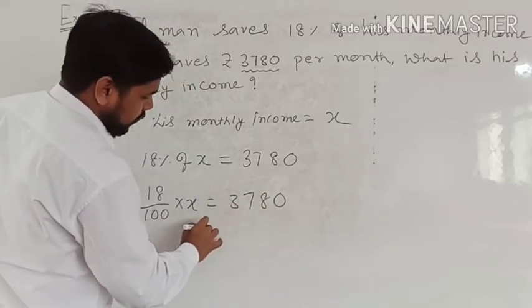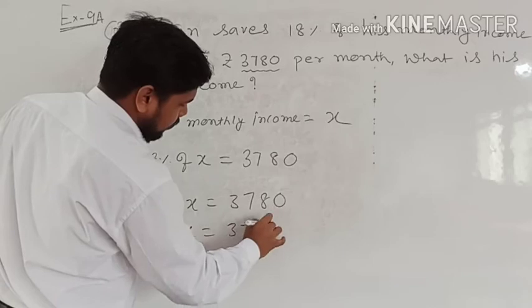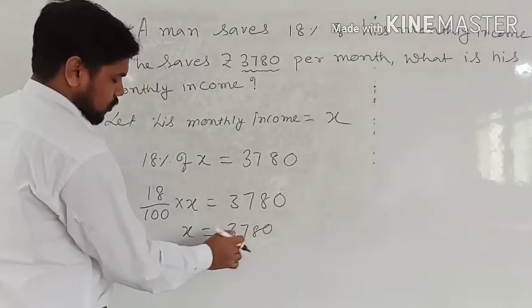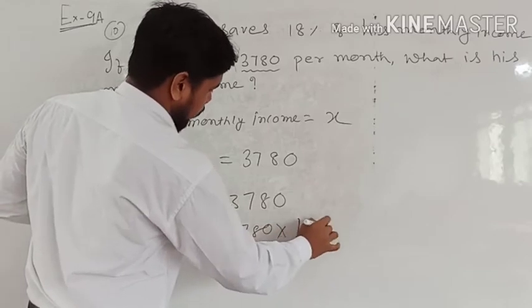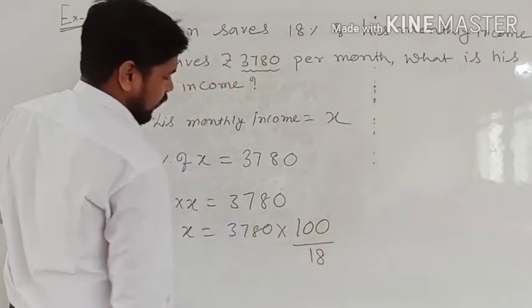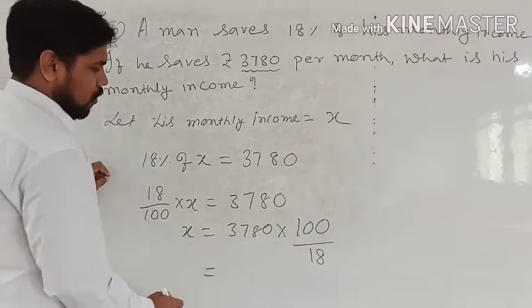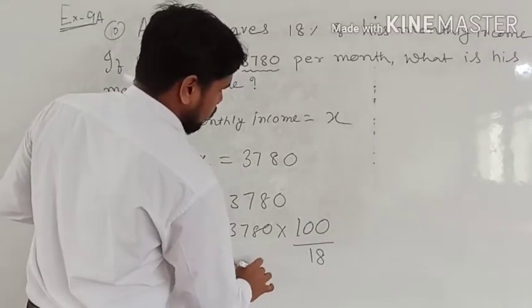So x will be equal to 3780 multiplied by 100 divided by 18. If you cancel this out, you will get 21000.